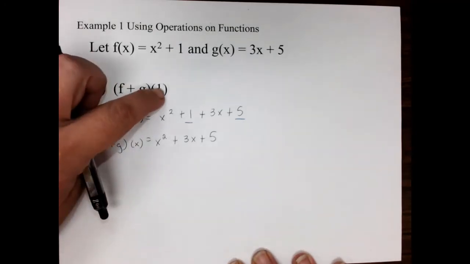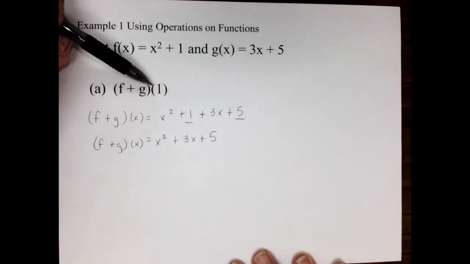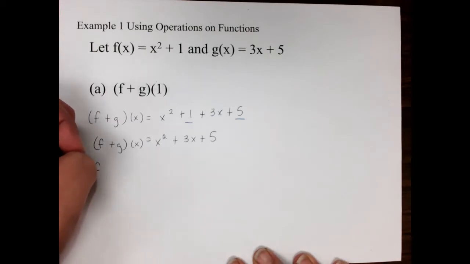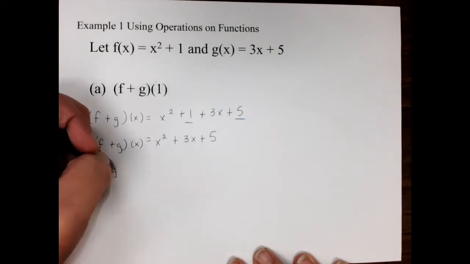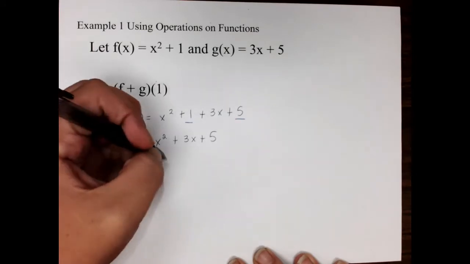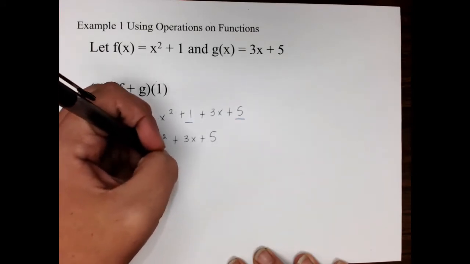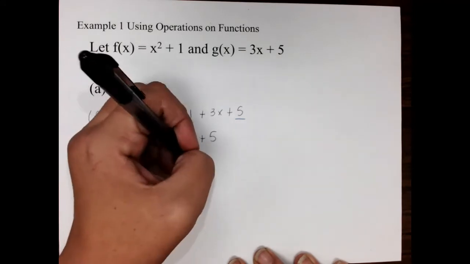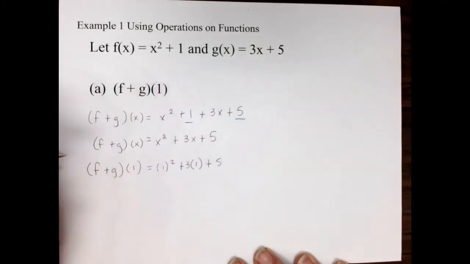And now it's asking me to plug in the value 1. Anytime you see this number in here, that's just saying plug that in for x in this equation. So let's go ahead and evaluate f plus g of 1. For x squared, I'm going to plug in a 1. So 1 squared plus 3 times 1 plus 5. 1 squared, that's 1 times 1.